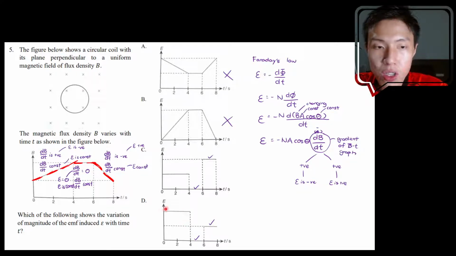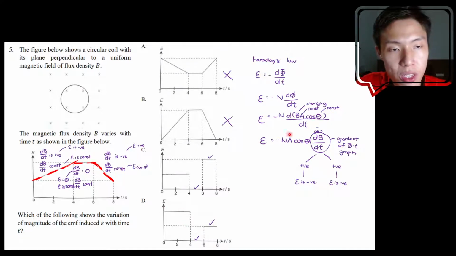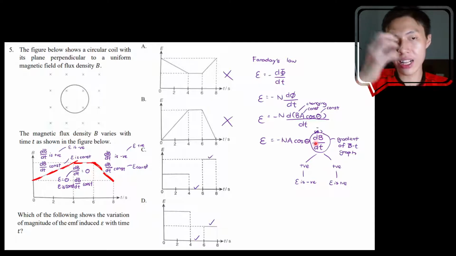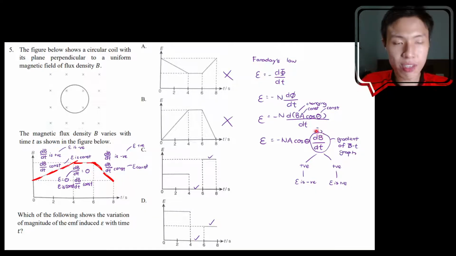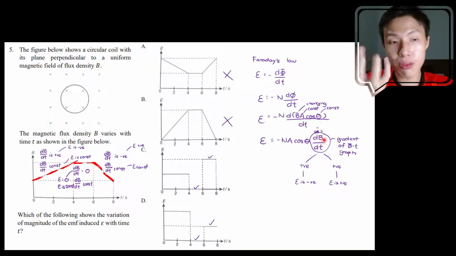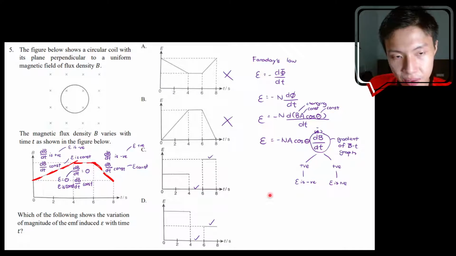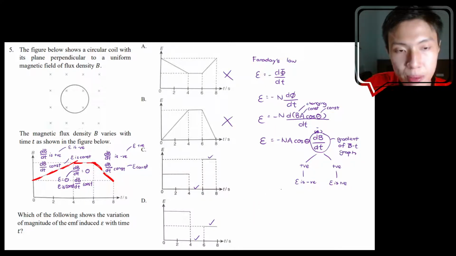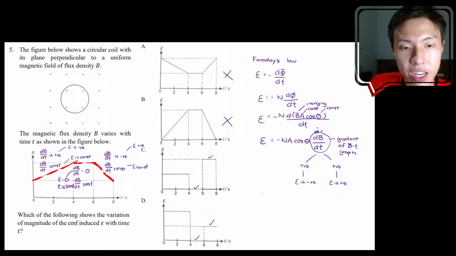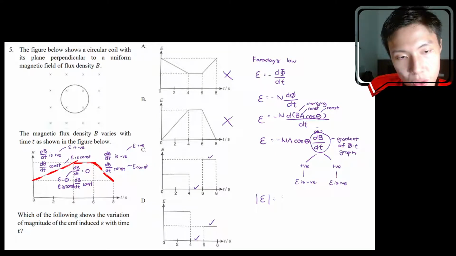Okay, so from this equation, we know that if dB/dt has a larger absolute value, then our modulus of EMF will be larger. Okay, if you don't want to care about the direction, what we can do is put a modulus around it. So we don't need to put a negative sign because we want everything to be positive. So this cos theta here technically becomes 0.